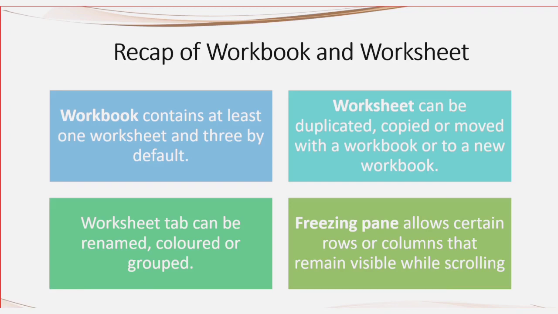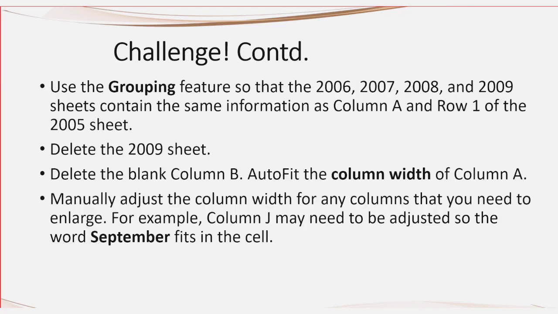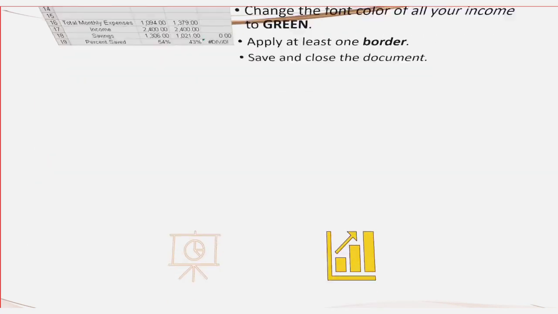So freezing panes allows certain rows and columns to remain visible. So that is that. This is the challenge that we have today. I'm going to get it and send it to us after class.